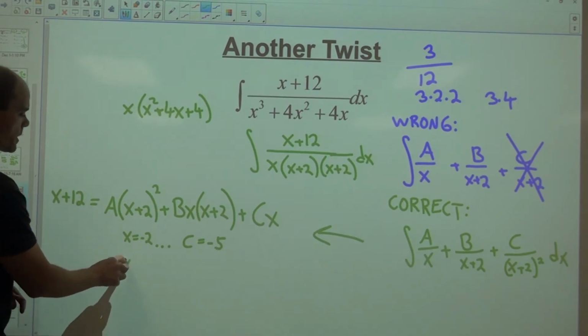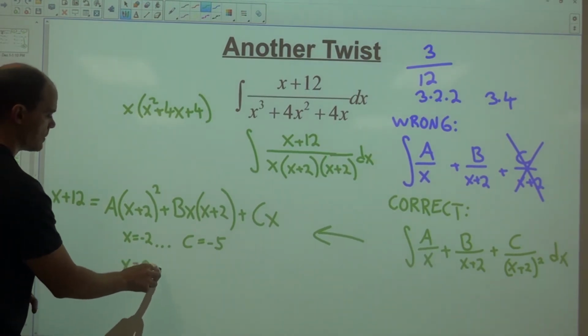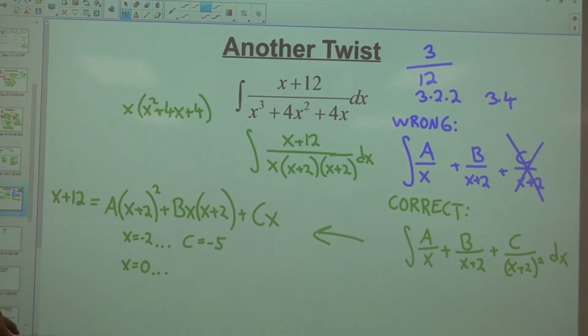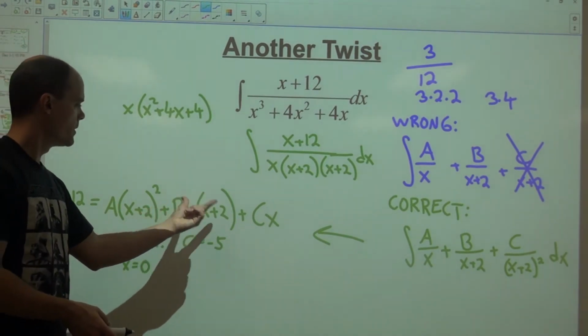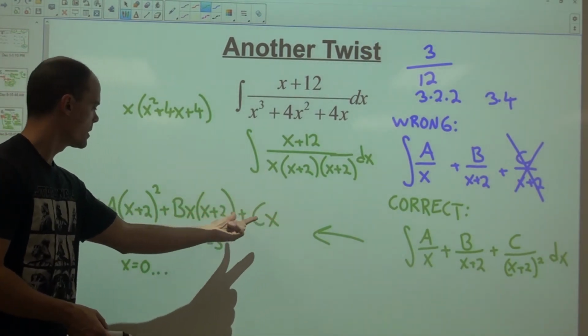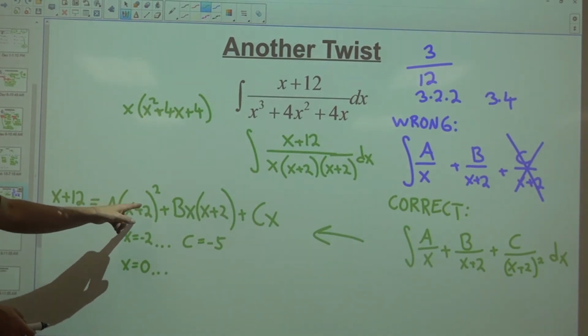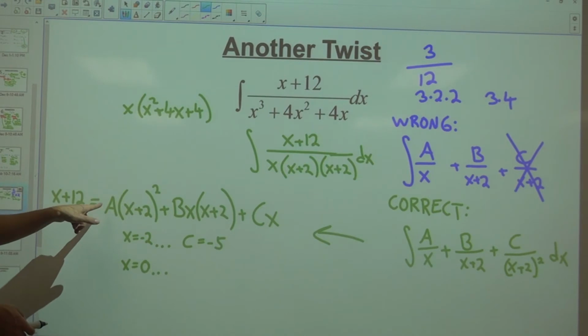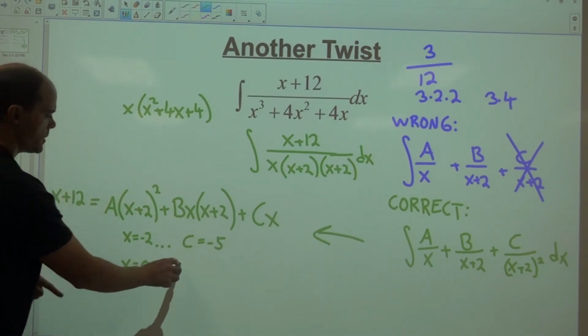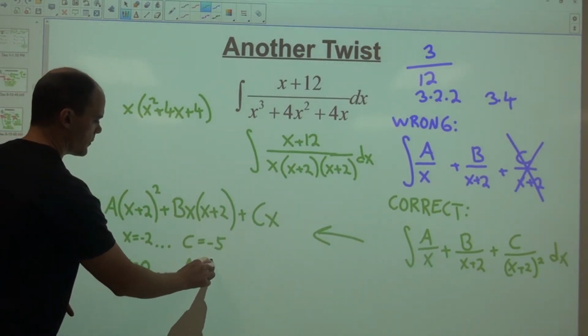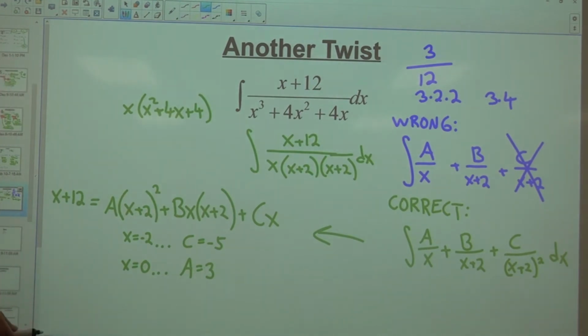And then of course x equals 0 seems to be another logical choice. If x equals 0, this is gone, and I'm going to get 2 squared. 0 plus 2 squared is 4a equals 12. So a equals 3.